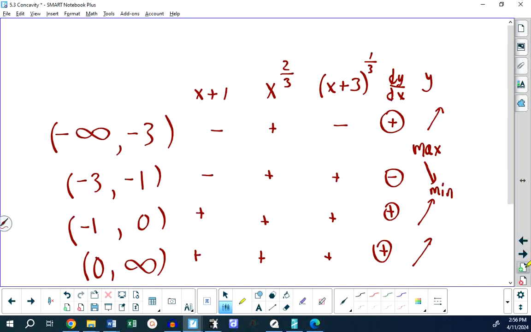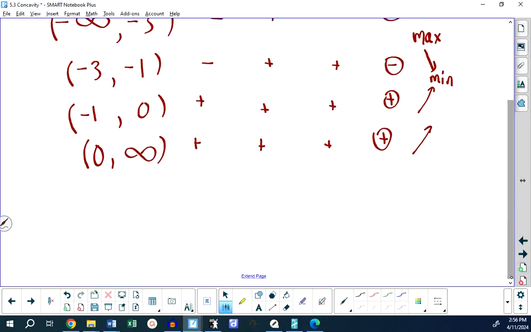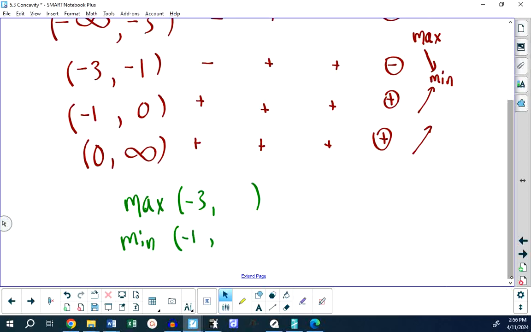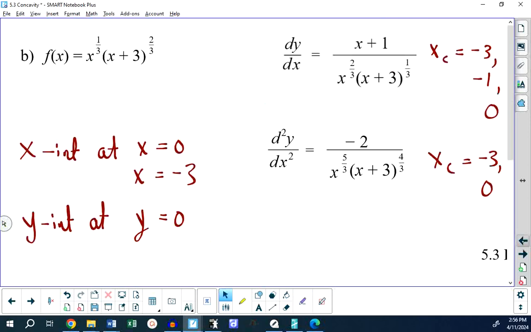While we're here, let's calculate those y coordinates. So we're going to have a max at negative 3 comma something, a min at negative 1 comma something, and the function is that.